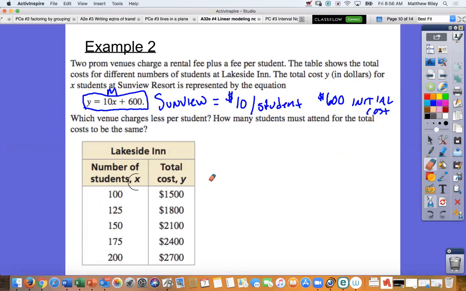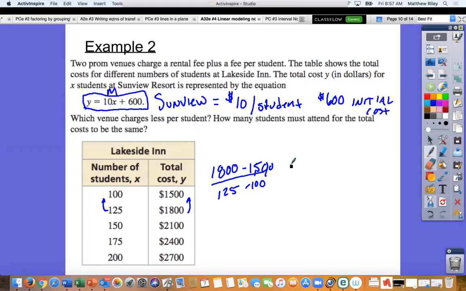So with that said, if I am trying to find the slope, it is difference of y's over difference of x's. So we're really starting to get into this, and this is more of that Algebra 2 piece. Even though you did it in Algebra 1, I expect that after 1 or 2 examples, you'll get this. So this column is my y's, this is my x's. So difference of the y's, so 1,800 minus 1,500, over 125 minus 100.